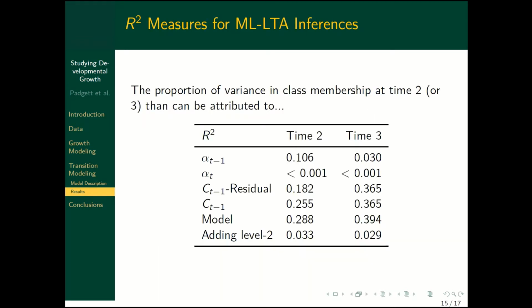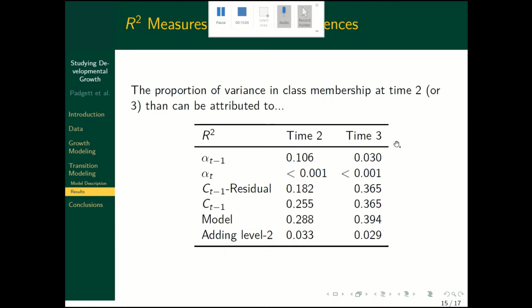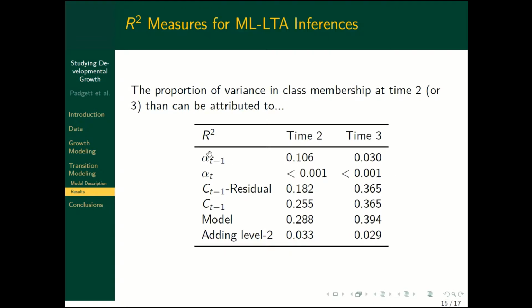Okay, so when we get into the R-squared measures of trying to understand how these components change over time, we're looking at family at time 1 about 10%, versus time 2 and time 3 only about 3%. So family seems to be less influential over time.